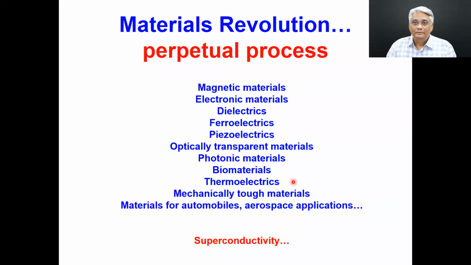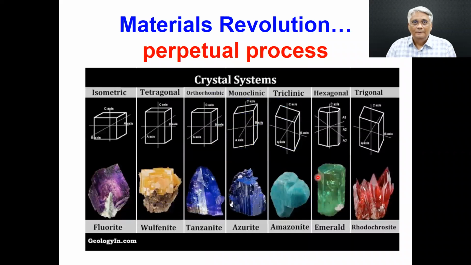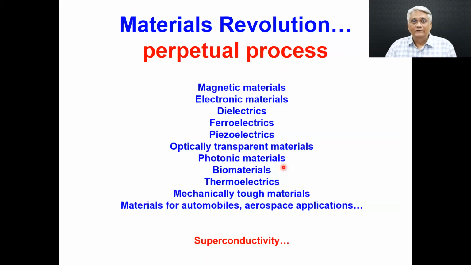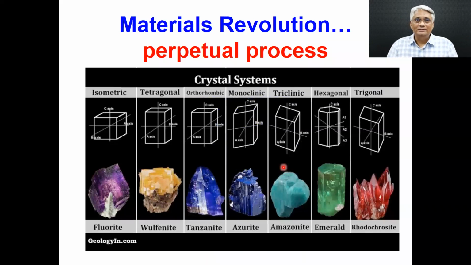Now, I also mentioned that we are fortunate that all these hundreds of thousands of materials exhibiting all these interesting physical properties crystallize into 7 crystal forms, 14 Bravais lattices, and about 230 space groups. So that's where I keep emphasizing that a basic knowledge of crystallography is very essential.